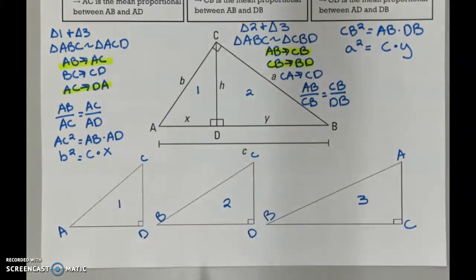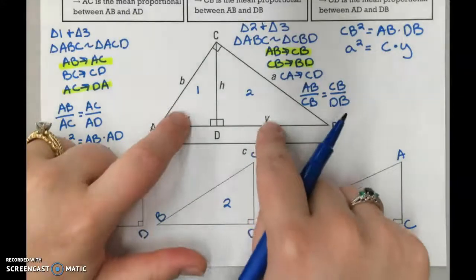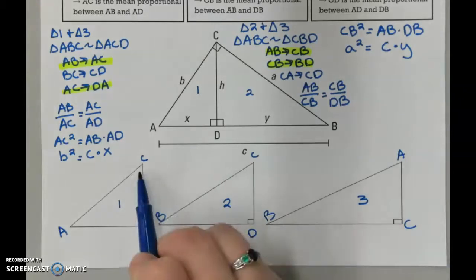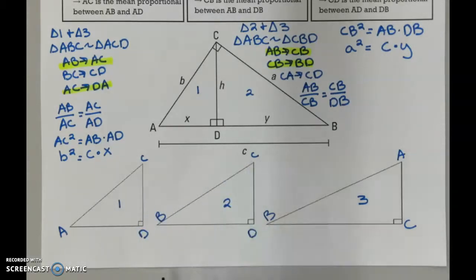Now let's talk about triangles 1 and 2. They are also similar to each other by our angle-angle similarity. They both share this angle C, and they're both right triangles.